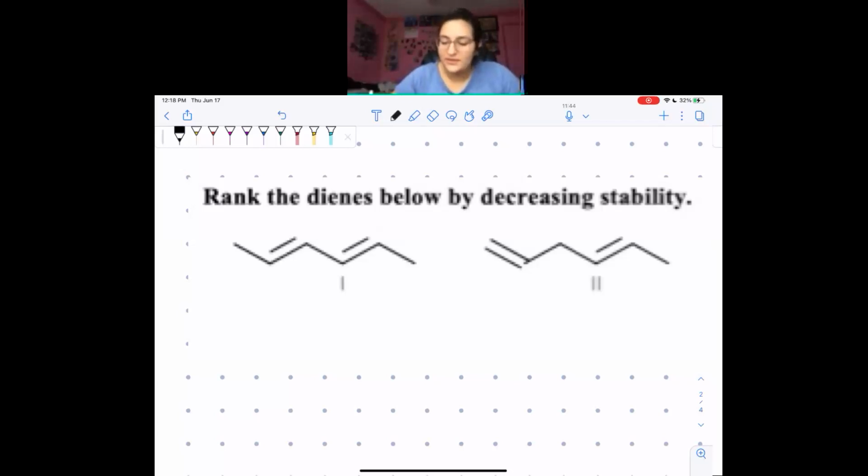So now that we've got that out of the way, let's do the configuration. Let's highlight the double bonds. And you guys tell me, this double bond on the left, is it E or is it Z? It's Z. Are you sure?